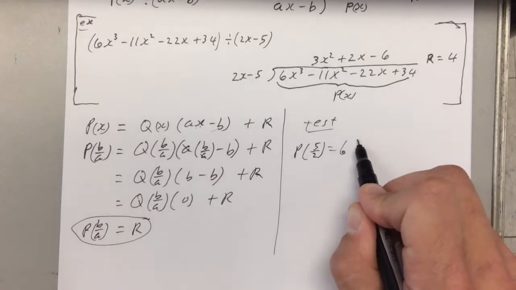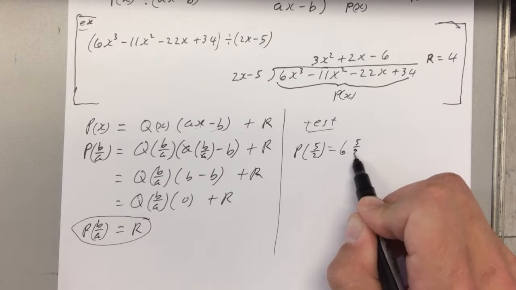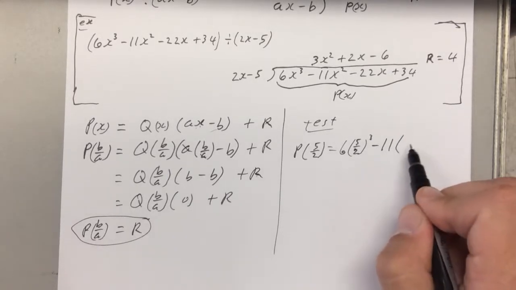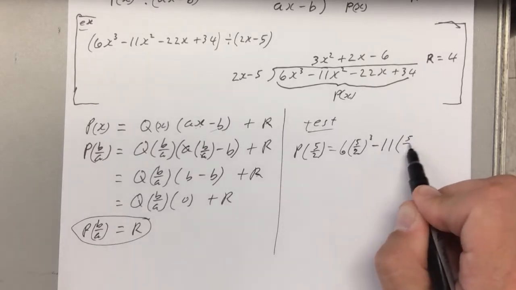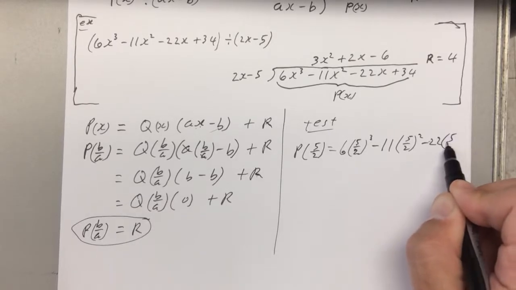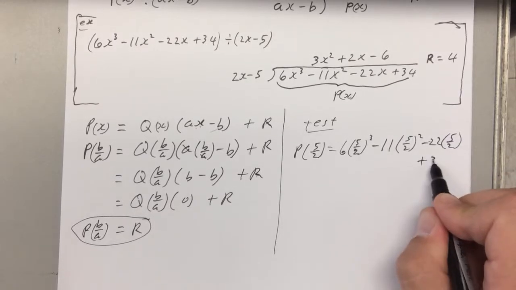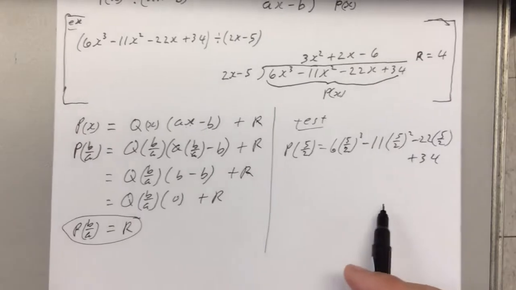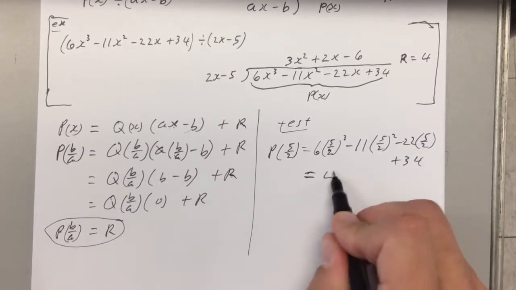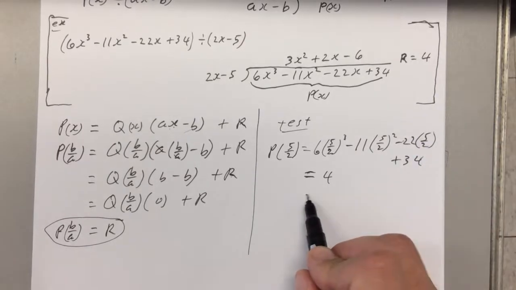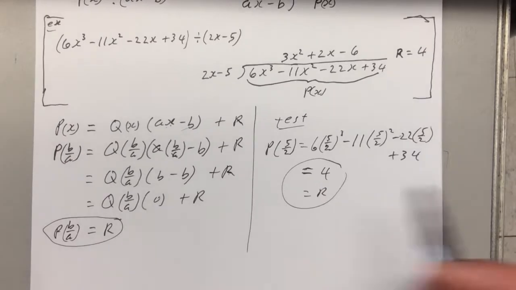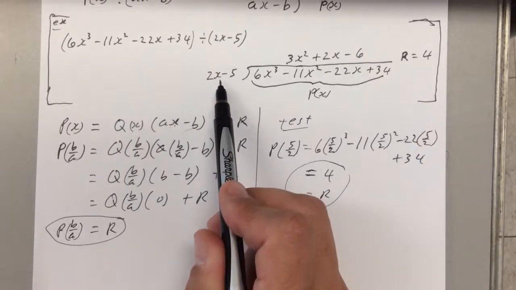This is a long calculation. You can check it on your calculator. Okay, so if you plug that all into your calculator, you'll get a result of 4, which is the remainder. So that's a quick way to get the remainder and find out whether this is a factor or not.